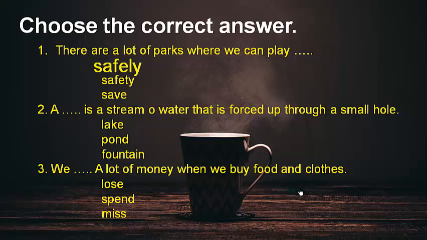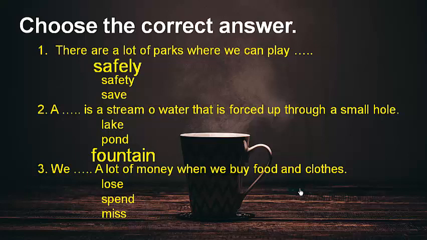Alright. Number 2. What is a stream of water that is forced up through a small hole? And of course it is a fountain. So guys, what is the difference between a lake and a pond? Well, a lake is like a big area of water, but a pond is smaller and it also can be manufactured.